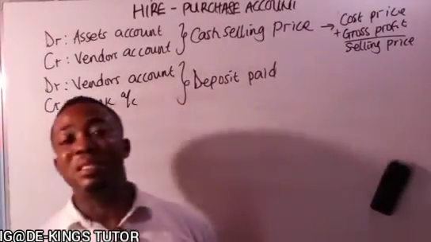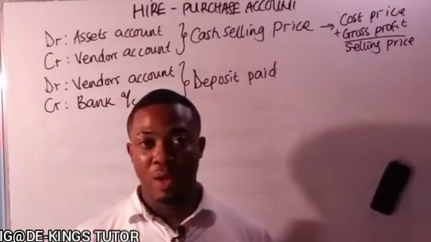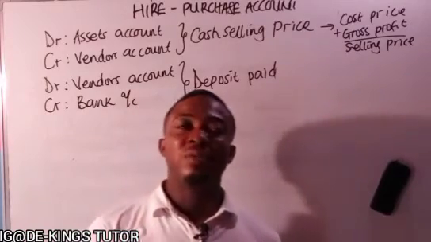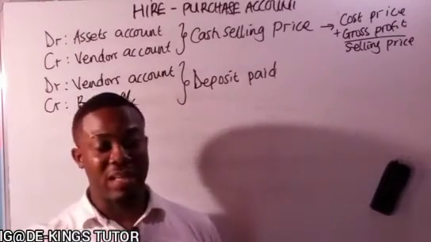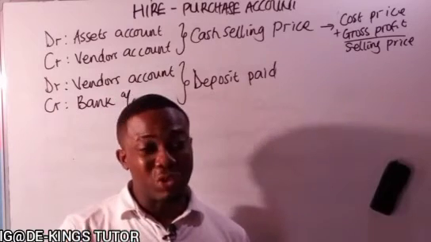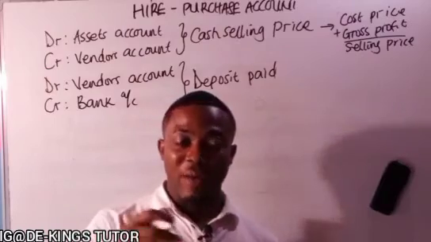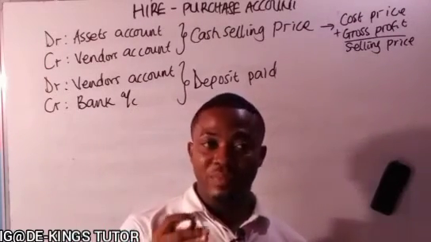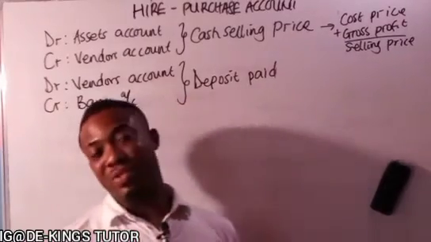Now, when the deposit is paid, we have other money still remaining because you're not paying all. You're just making a part payment of the full amount. So there are other payments that will be paid subsequently, by installments, and those other payments will be embedded with interest. So we have to keep track of those interests. We have to open an interest account.